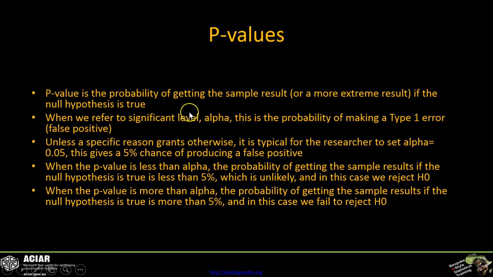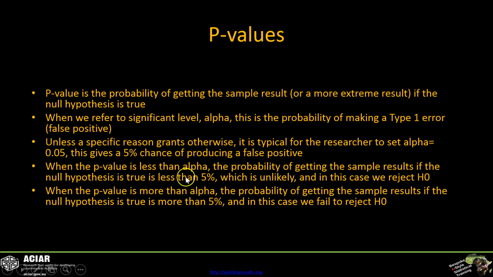P-value is the probability of getting the sample result, or a more extreme result, if the null hypothesis is true. When we refer to the significance level, or alpha, this is the probability of making a type 1 error, or a false positive. Unless a specific reason grants otherwise, it's typical for researchers to use alpha as 0.05, which gives a 5% chance of producing a false positive.